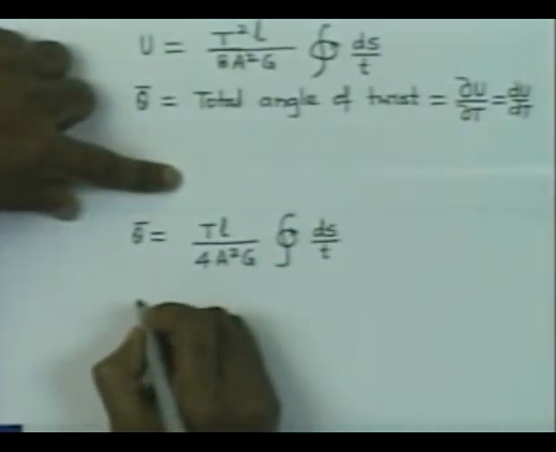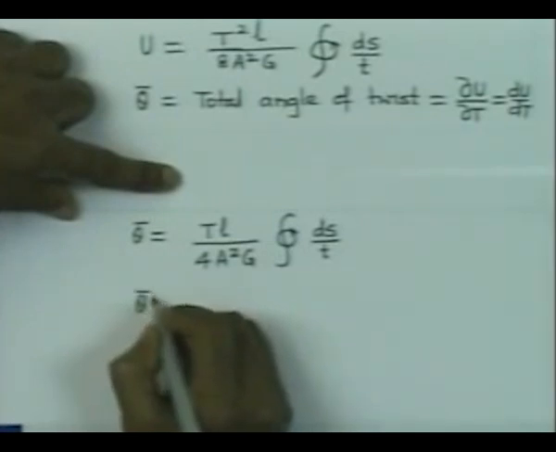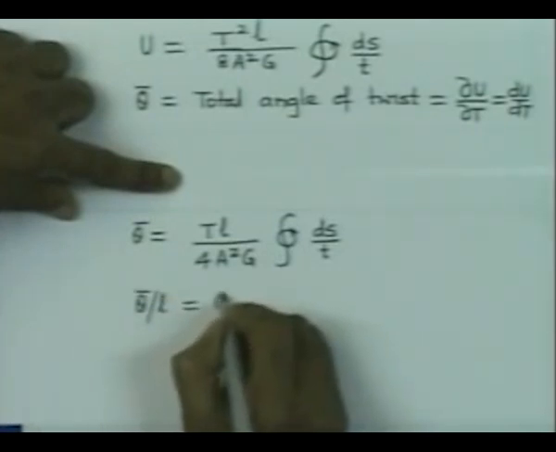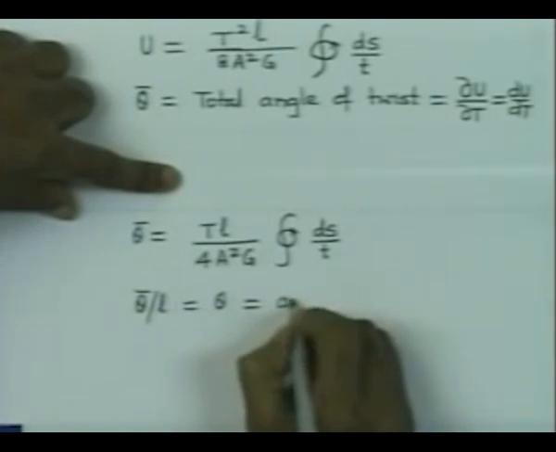We like to write this theta bar by L as theta, the angle of twist per unit length.